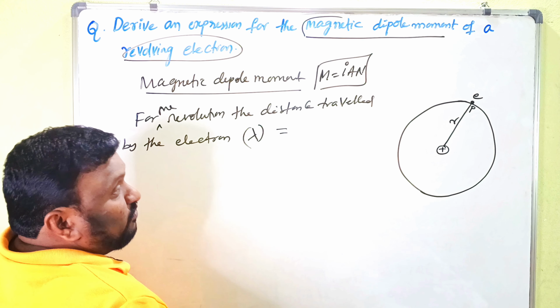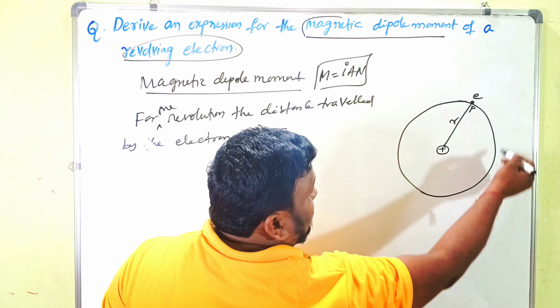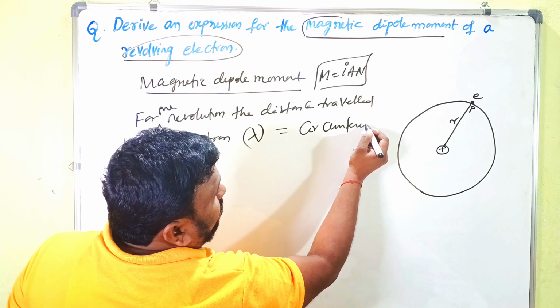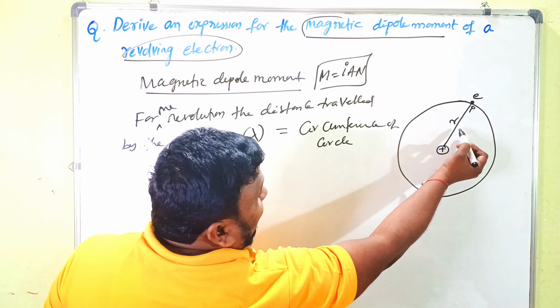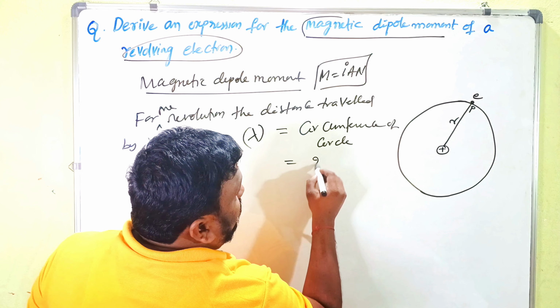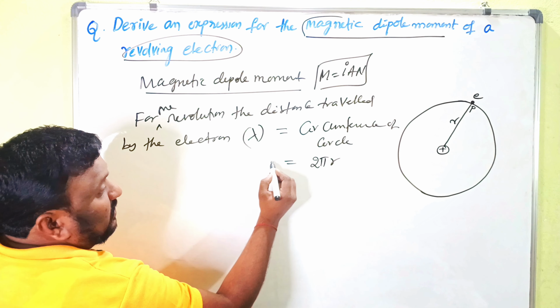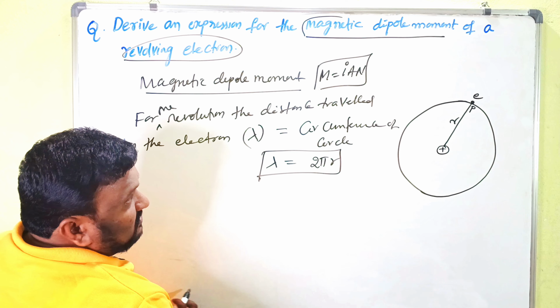In this case, that wavelength is equal to the circumference of the circle. We know r is the radius, so the circumference is 2 pi r. That's why the wavelength is equal to 2 pi r in this case.